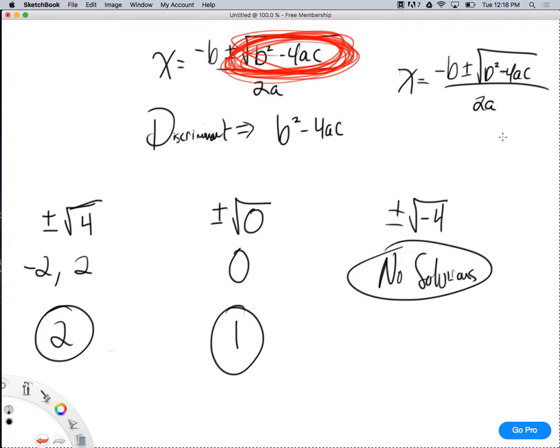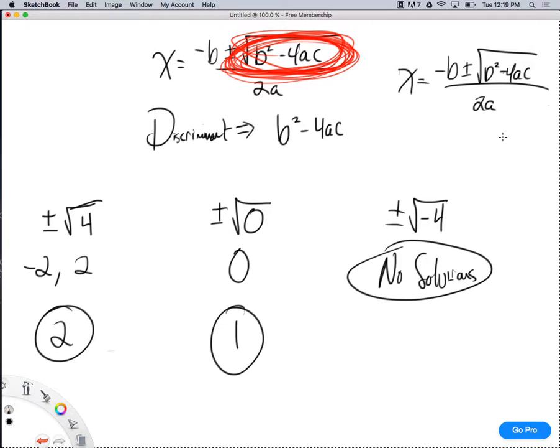I'm going to have plus or minus some positive number, so x can have how many solutions? 2 solutions. Does that make sense? Because there's a positive and a negative of that radical. That equation has 2 solutions. What about if the discriminant is 0? If this is 0, do I even care about that term?